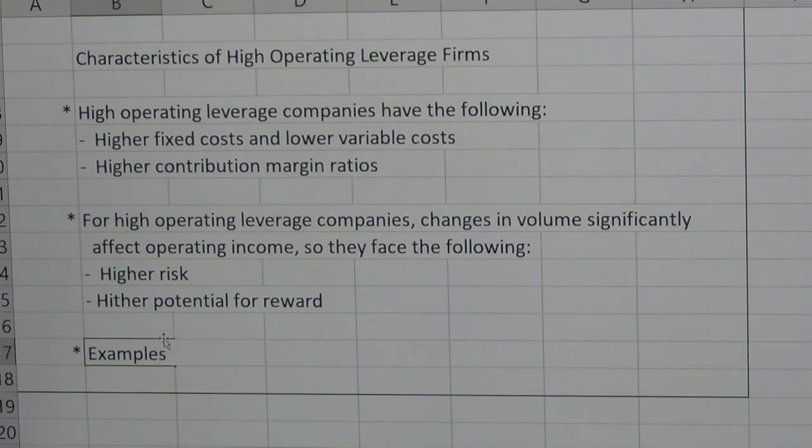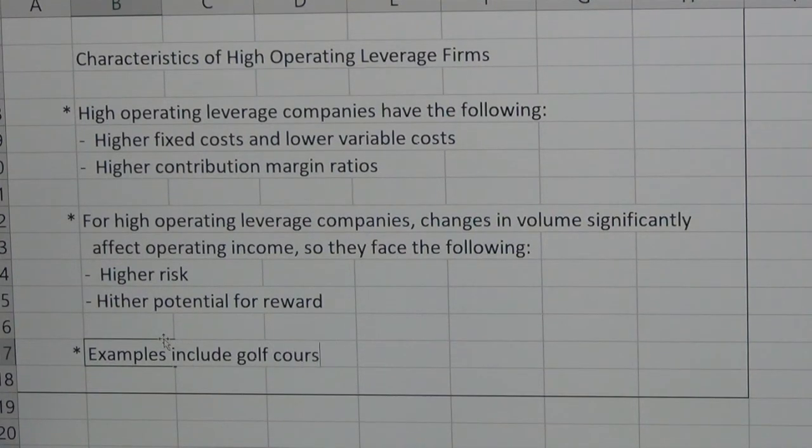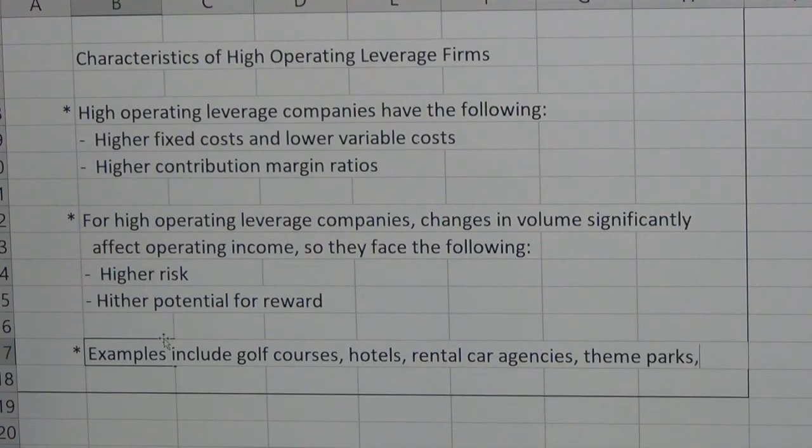The examples that we have here are pretty interesting. Examples are golf courses, which are shut down now, hotels, rental car agencies, theme parks, airlines, cruise lines, etc. Interesting, most of these are going to be struggling through all this.